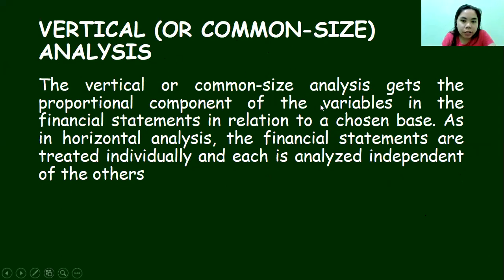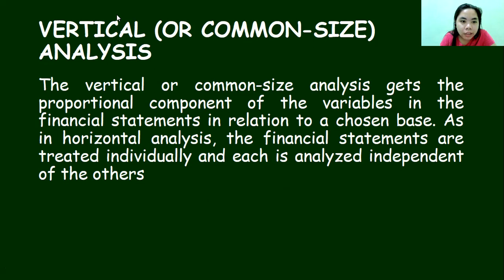So the vertical or common size analysis gets the proportional component of the variables in the financial statements in relation to a chosen base. So we have a chosen base. As in horizontal analysis, the financial statements are treated individually and each is analyzed independent of the other.